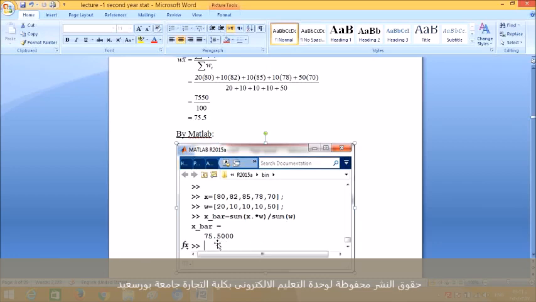Okay, so the result will be 75.5 score, the same result using the manual solution.